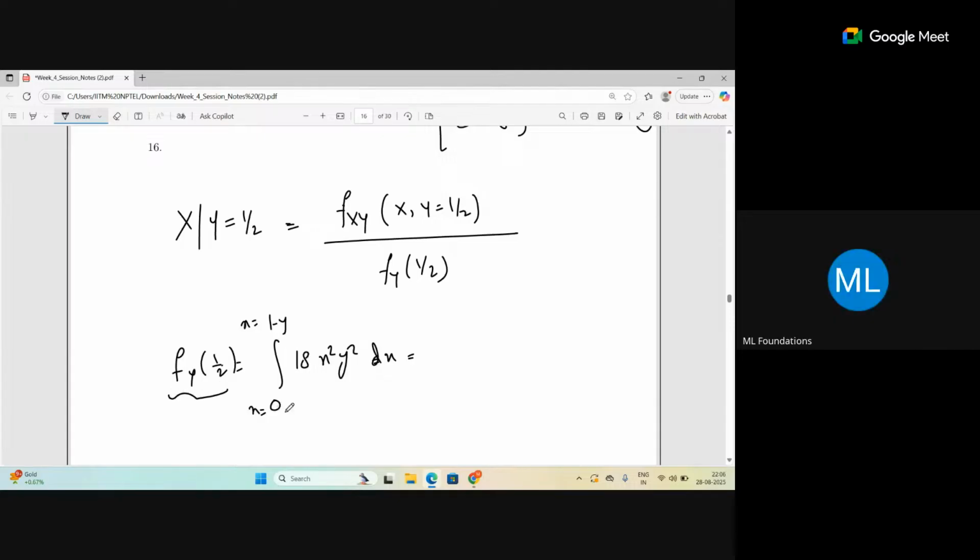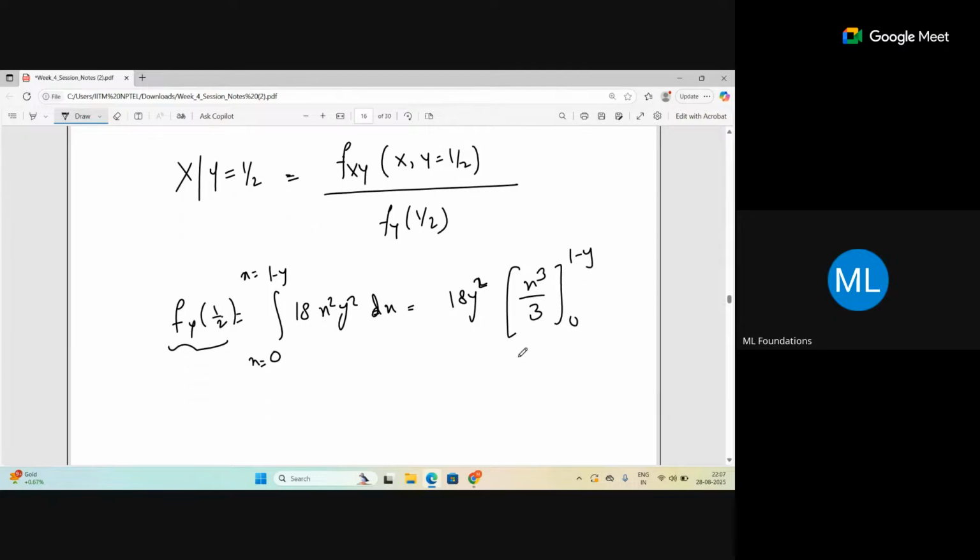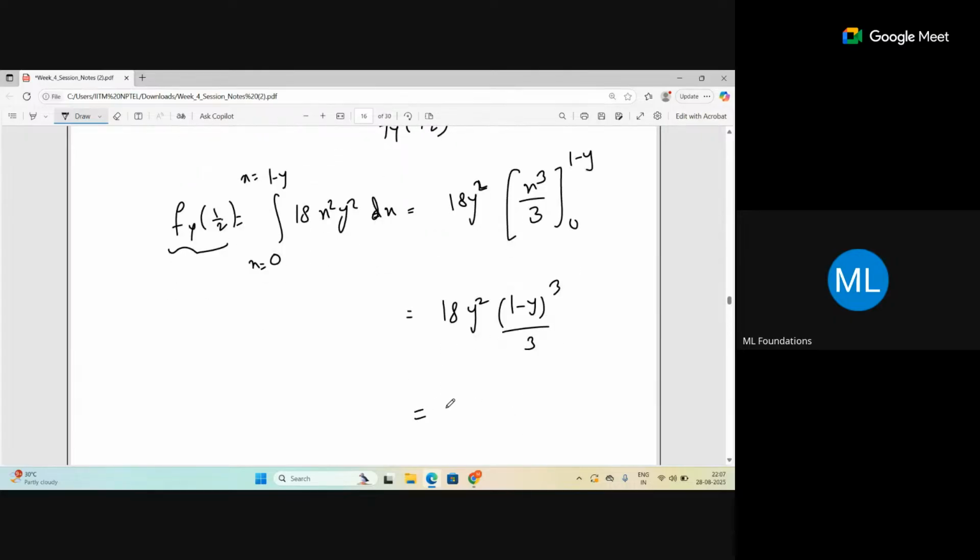Let's say 18 y square is a constant, so I'll just be integrating over x square, so that is x cube by 3, from 0 to 1 minus y. And this is going to be 18 y square times 1 minus y whole cube by 3, and that is nothing but 6 y square into 1 minus y cube, right?